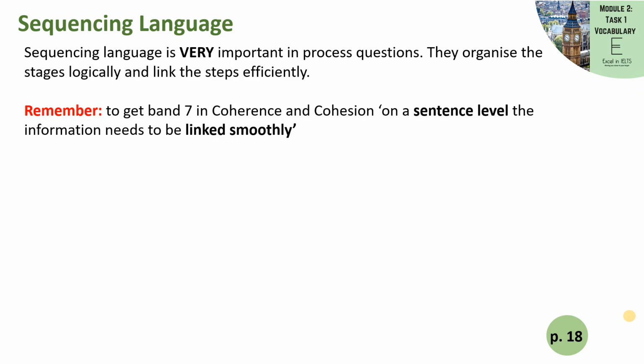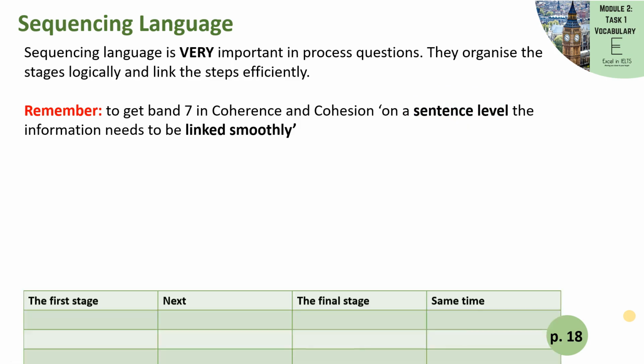You need to also remember that to get a band 7 in coherence and cohesion, one of the main requirements is to connect your ideas smoothly on a sentence level. So sequencing language will do that for you perfectly when it comes to process questions.